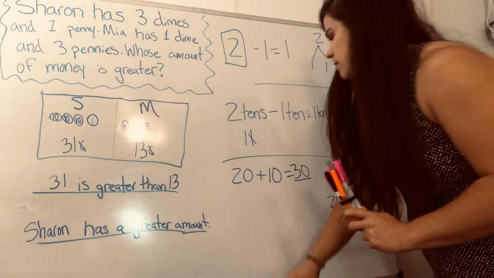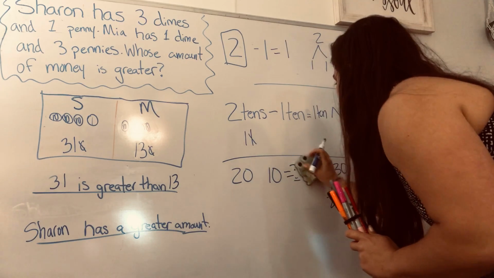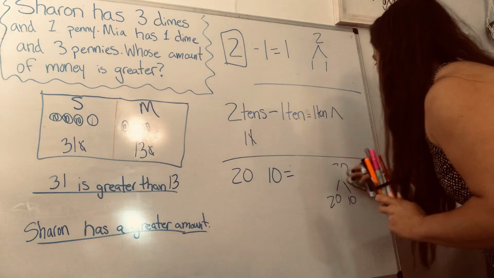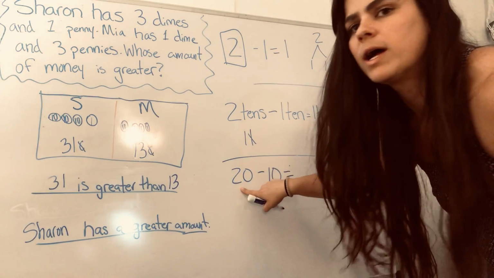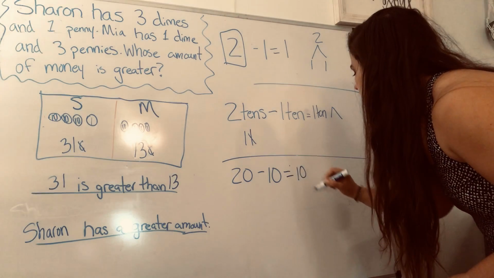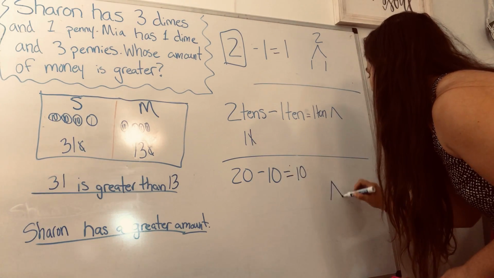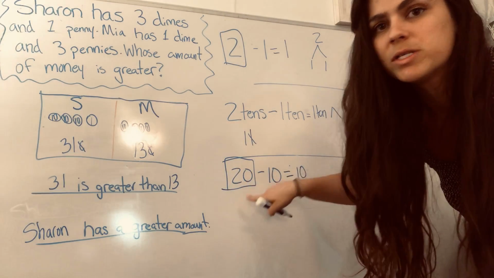Again, down here, let's write the value now. Value of my number bond. 20 minus 10 equals 10. My number bond. Remember, in our subtraction problems, we always start with the whole.